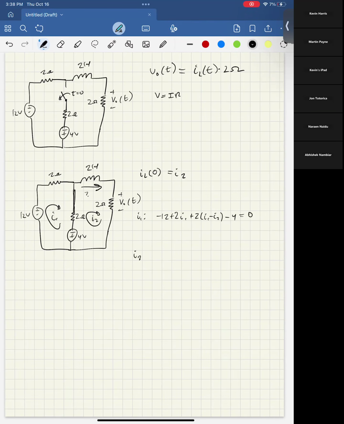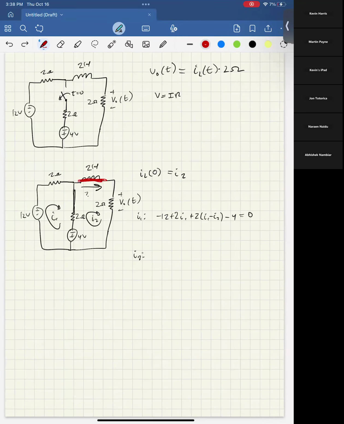And then for I2, we have, what is this? Another thing I should point out: we're just ignoring the inductor here because the inductor is a short circuit. It's just a wire, so it has no voltage across it. All of these terms are voltages, and since there's no voltage across that inductor, we are just ignoring it completely while we're doing these equations.